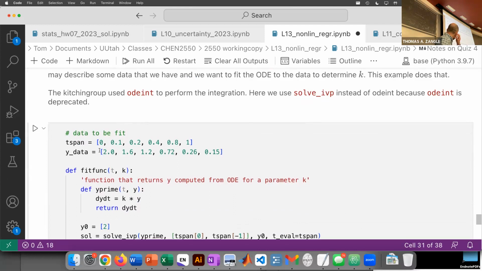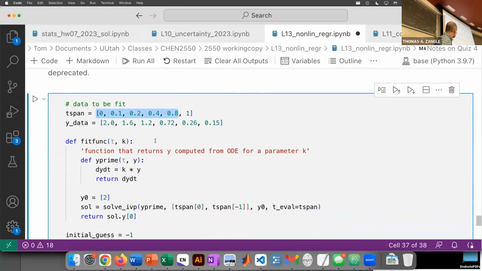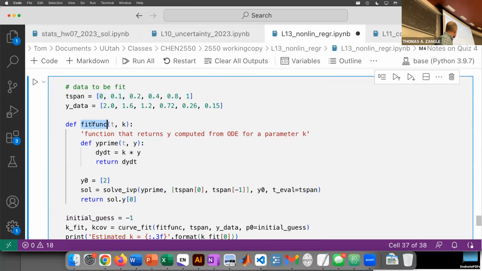So again, we're going to have the same kind of setup that we had previously. We have data to be fit, in this case, in terms of some output y as a function of some input t. So this is what our data is. Again, we're describing a fit function. One of the things we need for our nonlinear curve fitting is a function that we're actually going to fit to that data. What's different here is that the fit function is now in terms of this ODE solution.